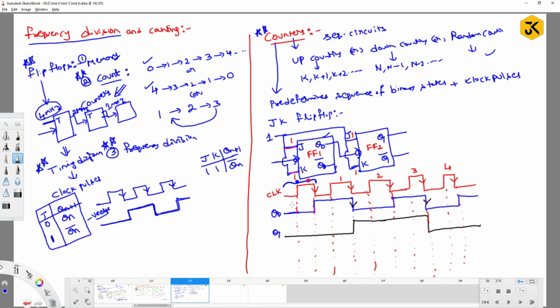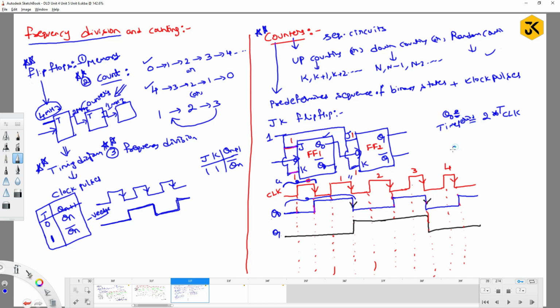But here, in this scenario, one clock at Q0 comes under 2 times of the actual clock. If I say the actual clock is this entire thing, at Q0 you got 2 times the actual clock signal. This is what you can call the time period at Q0.